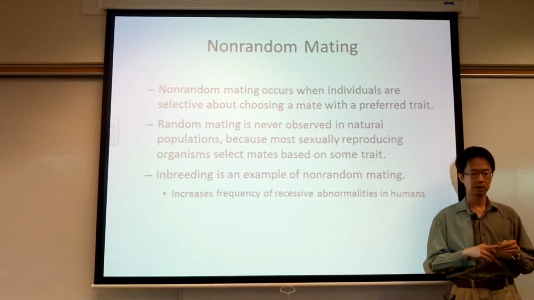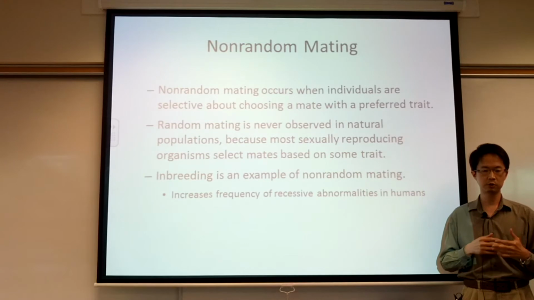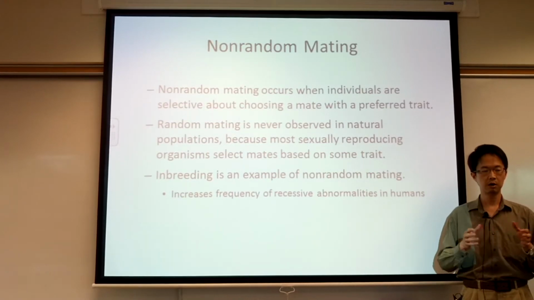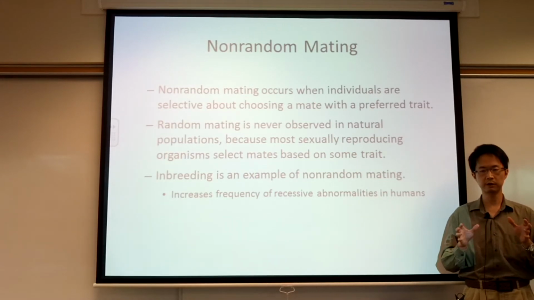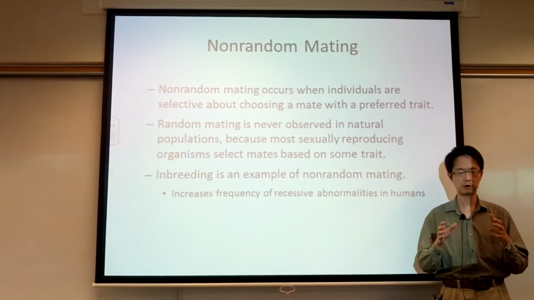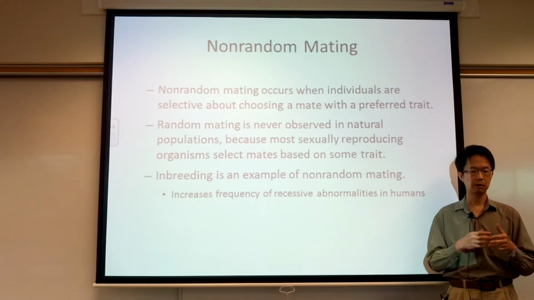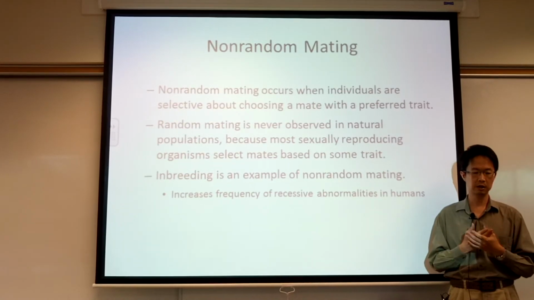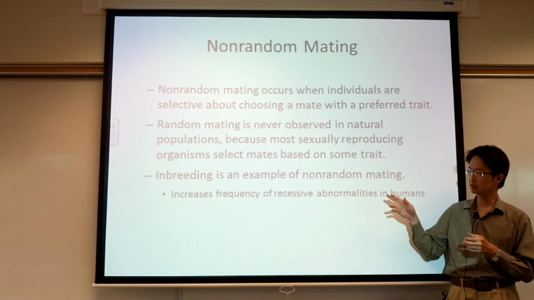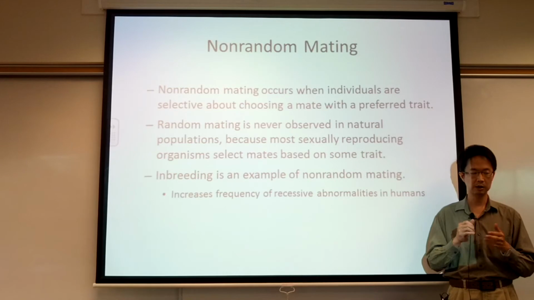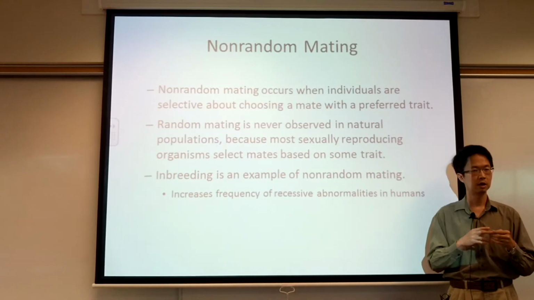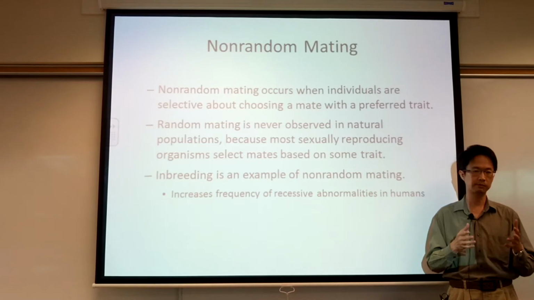When they choose only a limited number of individuals in a very small population, the royal families, most of the people in the royal family have a similar gene pool, so it will be very easy for the recessive allele to be expressed instead of being covered up by the dominant allele.